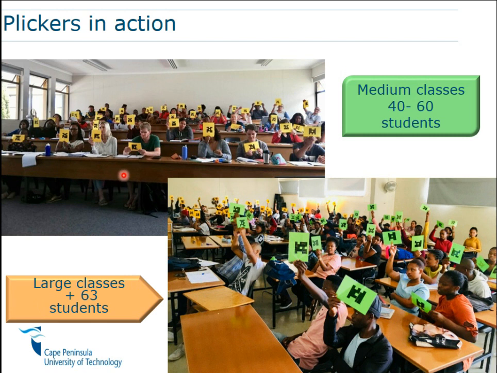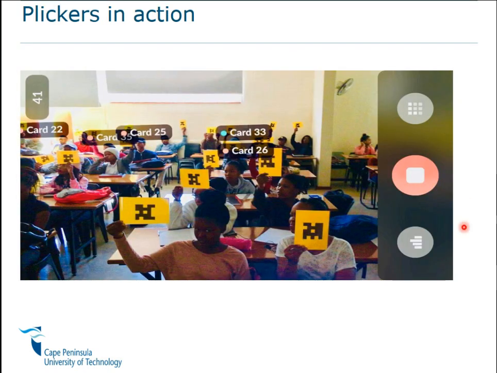As you can see here, the students in this picture are answering the question that they see on the slide presentation, which is projected on the wall by the projector. And then I come in and scan all their cards, and this is what happens when you scan the cards.